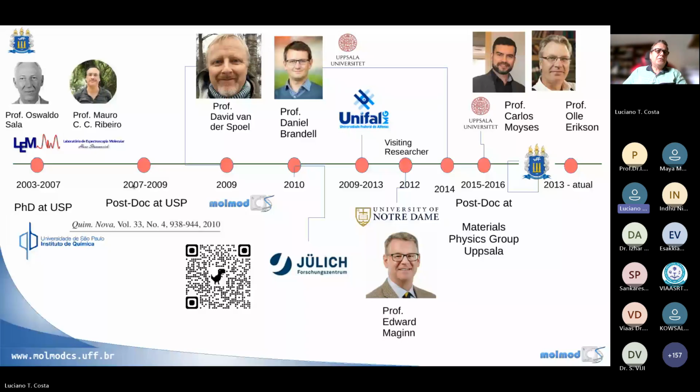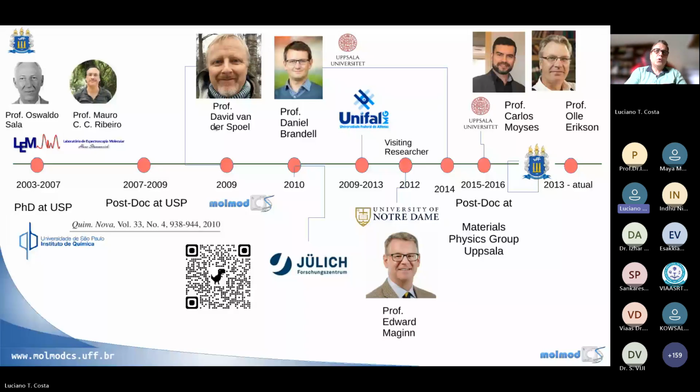After this period, I spent 2 years as a postdoc in the same lab, developing some continuum atomistic hybrid codes to be applied for fluid studies. And in 2009, I started a collaboration with Professor David van der Spoel. At that moment, he was developing the GROMACS package.